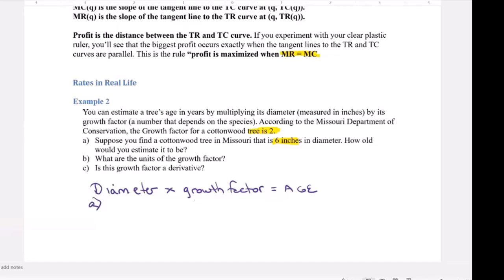So age would be 6 times 2, which is 12 years. That's how old my tree is, 12 years old.